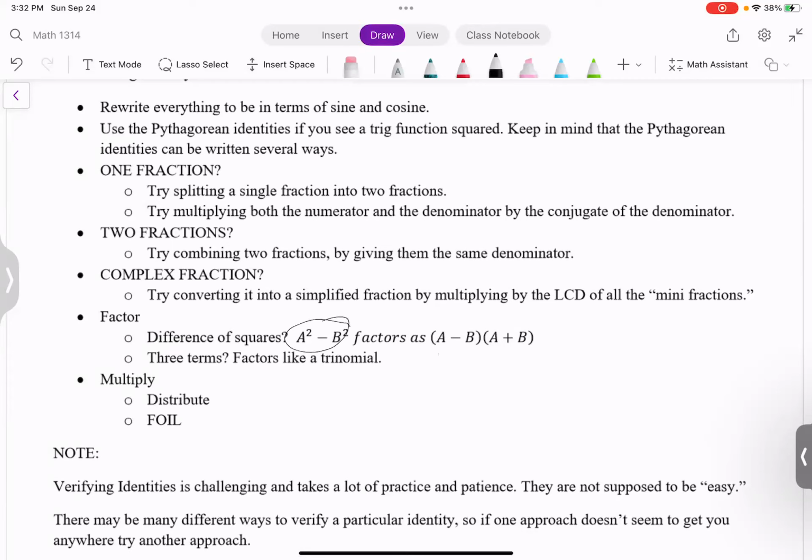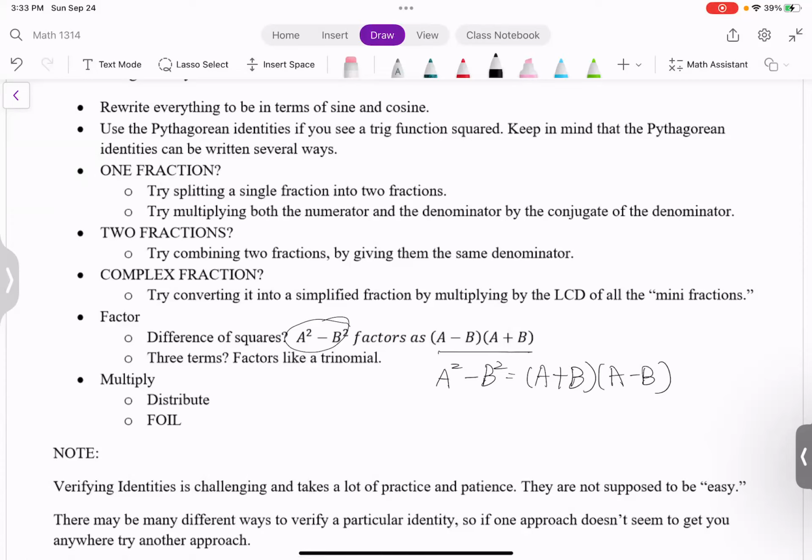Conjugate formula, that is a minus b times a plus b. In my previous semesters, my conjugate formula is a squared minus b squared, so I put the a plus b first. It doesn't matter which one goes first because they are factors: a plus b times a minus b.